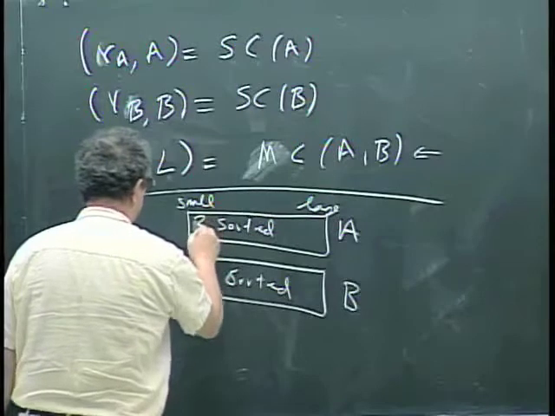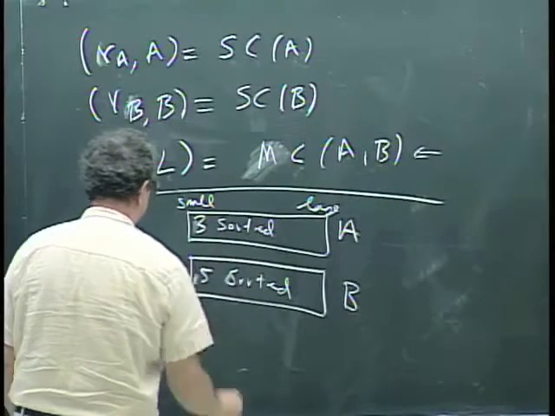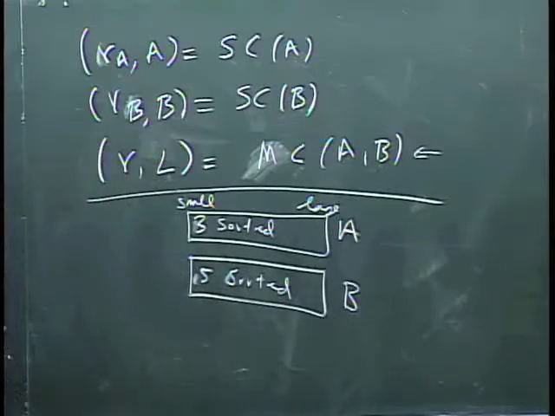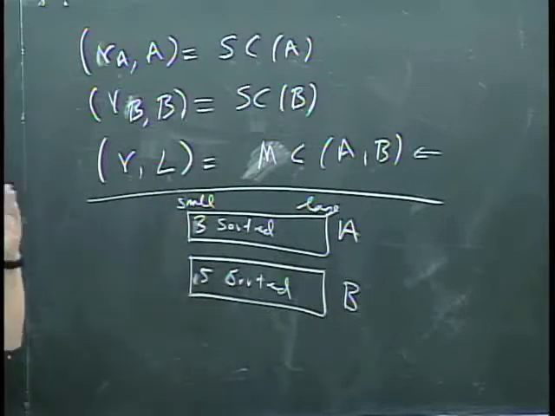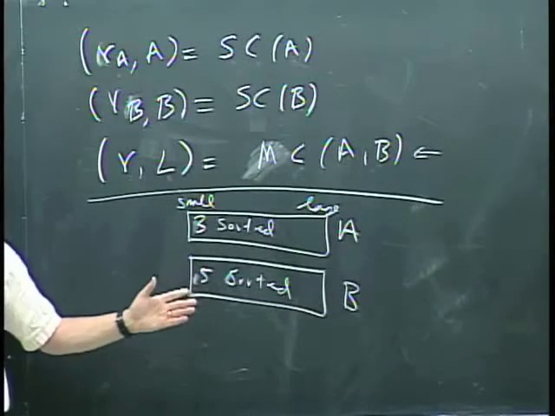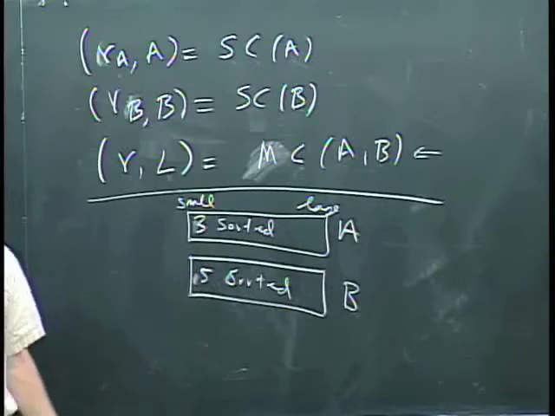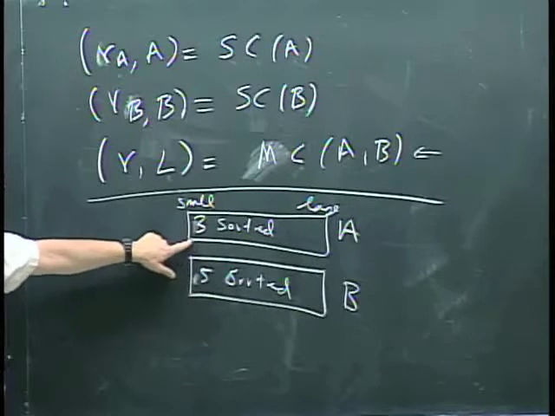Suppose the first one here is 3, and the first one here is 5. Now remember, the elements in A come from the left part of the list, and the elements in B come from the right part of the list.